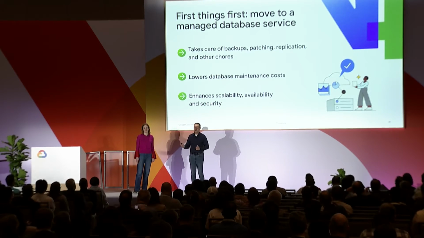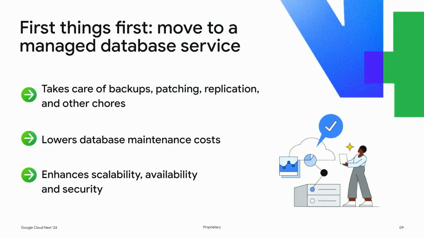So first things first, whatever you're doing with databases, you want a database that supports Gen AI, but you should also think about the basics that you would want from any database. One of the most important things, as many of you probably already know, is you want to use a managed database service, such as Cloud SQL, because then it takes care of all of the database administrative tasks that nobody really wants to do anymore.